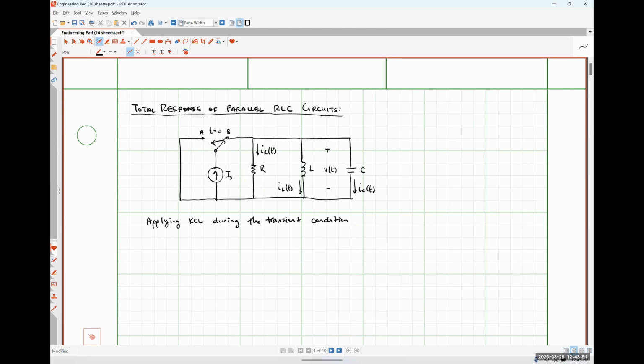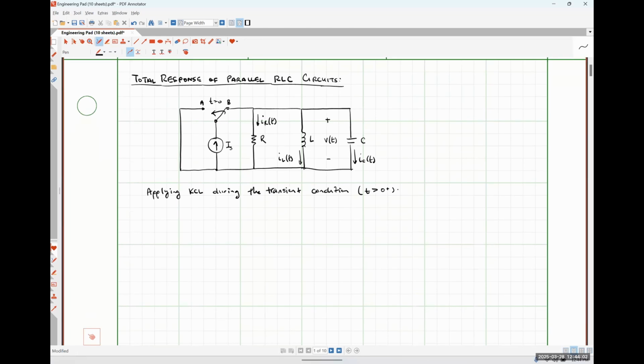where that would be t greater than 0 plus, so anytime after our switch changed states, what we would find is that our resistor current IR, our inductor current IL, and our capacitor current IC have to all add together to make 0, right?